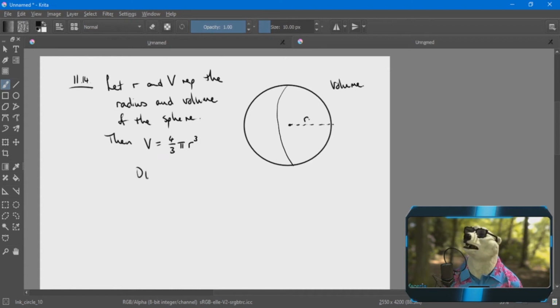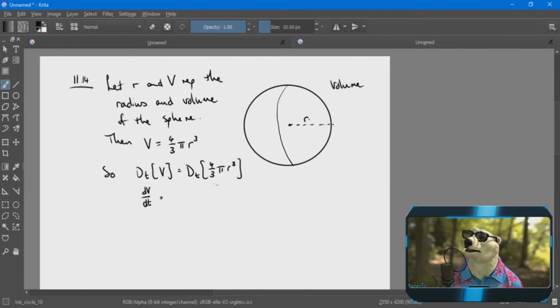I then take the time derivative of both sides, implicit differentiation, in order to get rates of change in here. So I have dV/dt on the left. Then I have the chain rule on the right because the radius is a function of time and it's being cubed, so I have a function of a function.